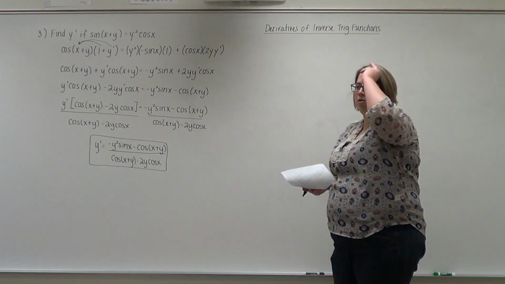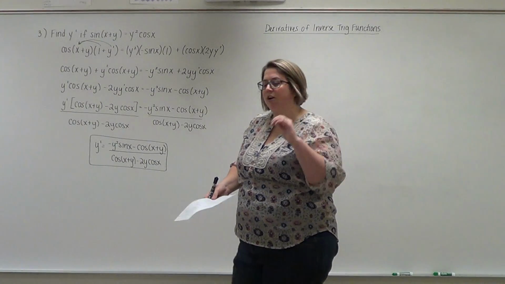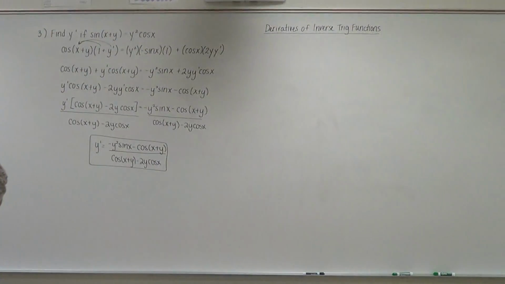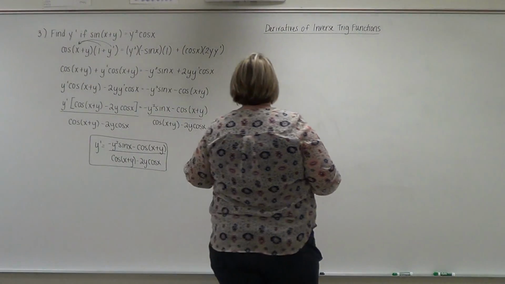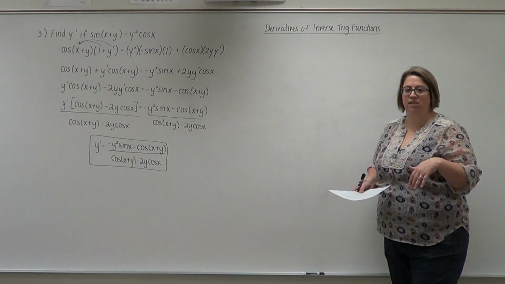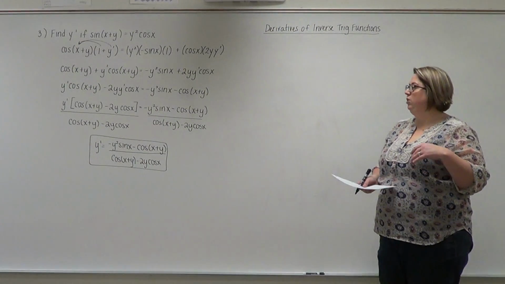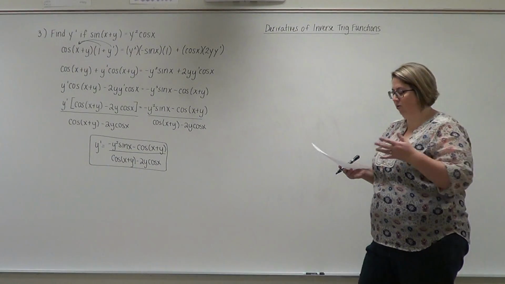Okay, and then you're going to have to be able to find the derivatives of inverse trig functions. This is listed in this same section. If I showed you all the steps on how you actually find that, you're doing implicit differentiation. I'm just going to give you what they all are, okay?